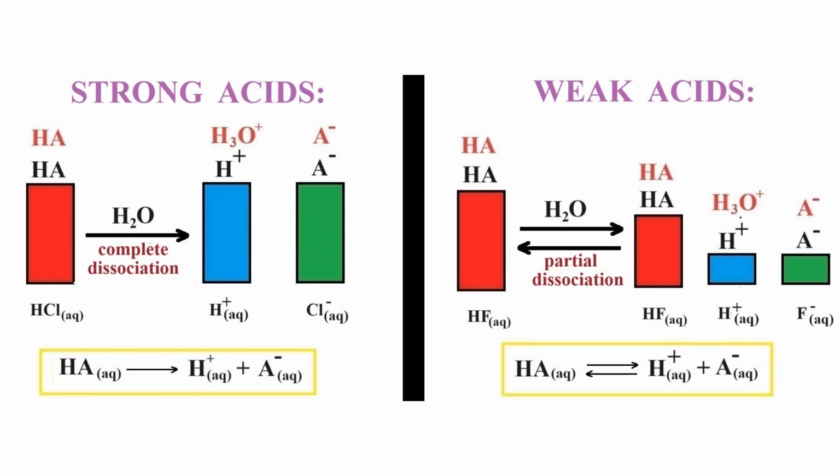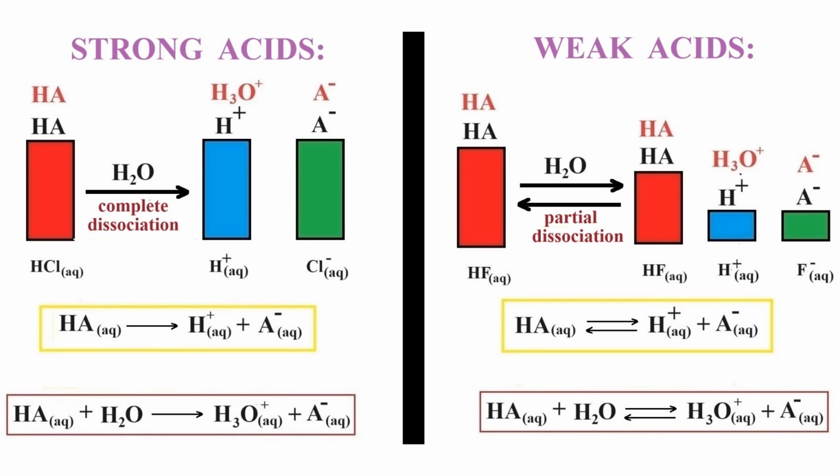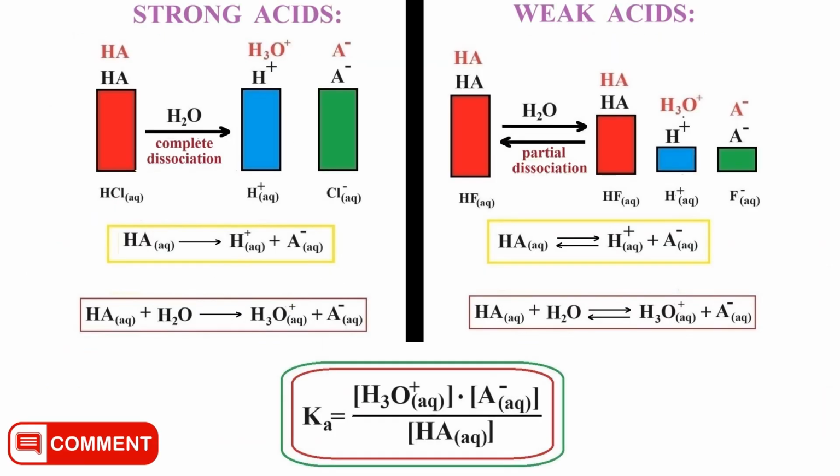Therefore, when writing down the dissociation reaction of strong acids, we write the arrow in one direction, and, in the case of weak acids, in both directions. When writing down the dissociation process, taking into account the formation of the hydronium ion, we follow the same rule for arrows.